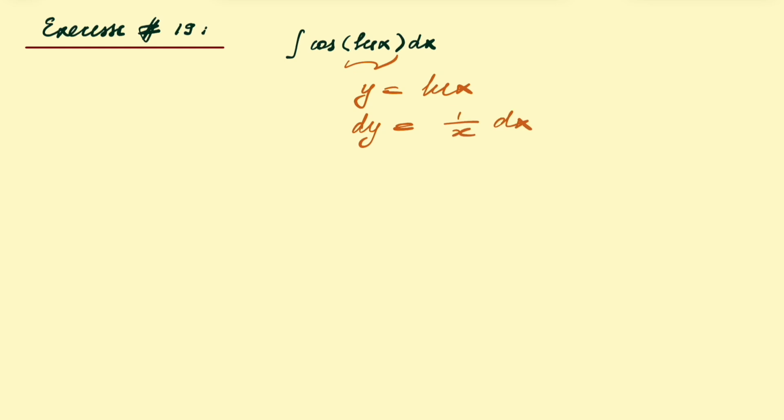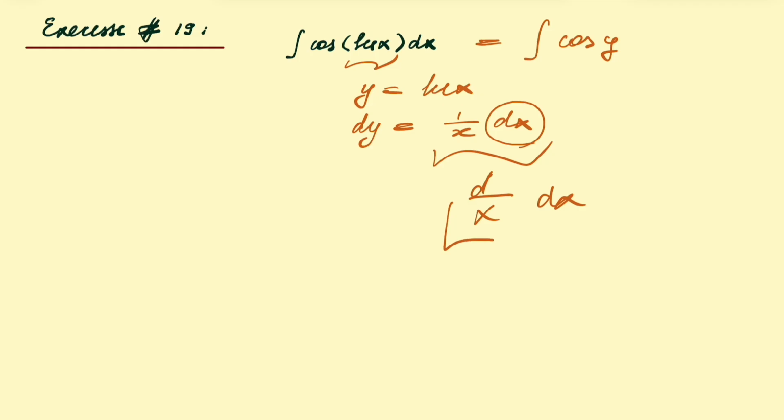But it doesn't give anything there because we cannot then write, okay, we will write cosine of y, but as for dx, we cannot write this in terms of dy only. We will have x times dy, which does not work.